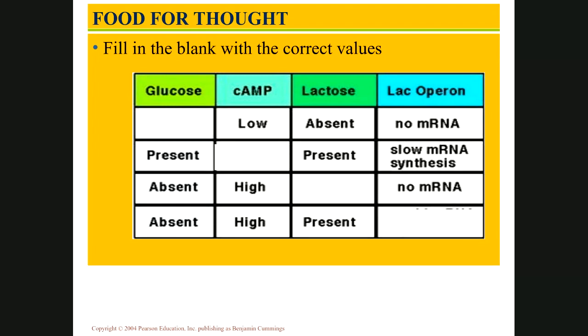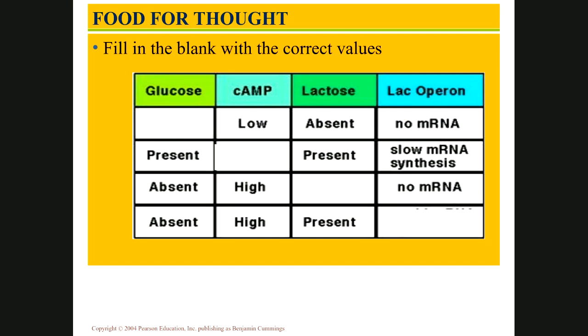For example, if lactose is absent, the lac operon is turned off, even if glucose is present, or if glucose is absent. It doesn't matter. Lactose is gone. Lactose is the one that inactivates the repressor. Therefore, as long as lactose is absent, there will be no messenger RNA transcribed from the lac operon.